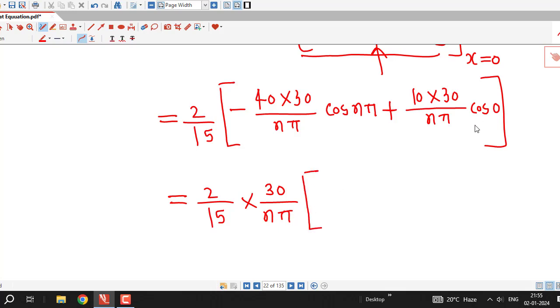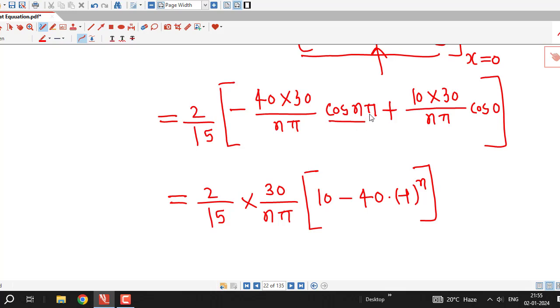Here cos 0 is 1, and here I am left with 10 minus, here I have 40, and cos n pi I can write as minus 1 raised to n. I have taken 30 over n pi common, here I am left with 10, here a negative sign, and here I am left with 40 into cos n pi.